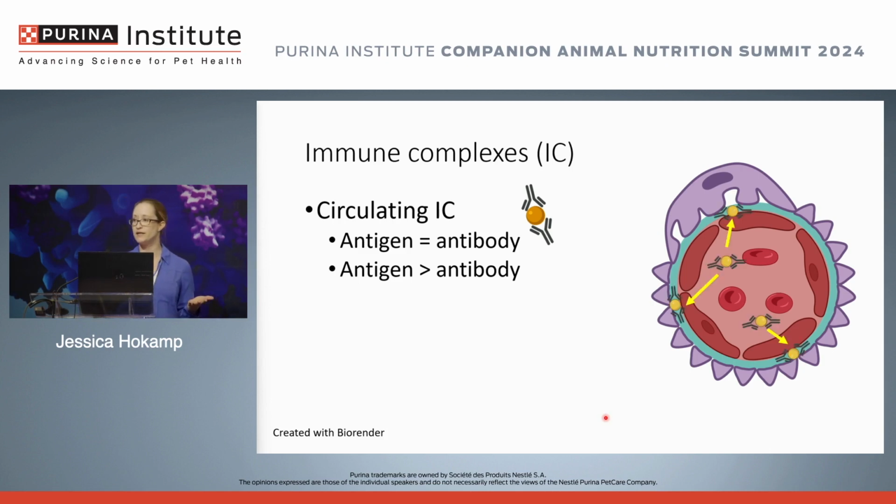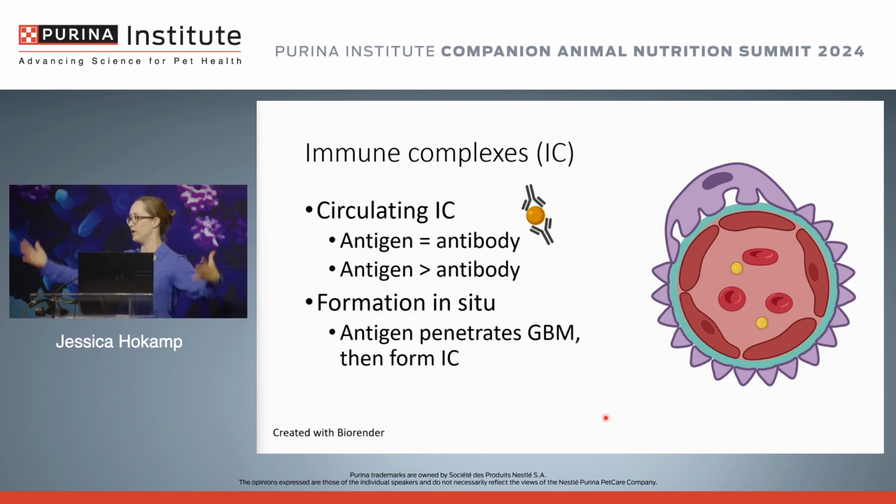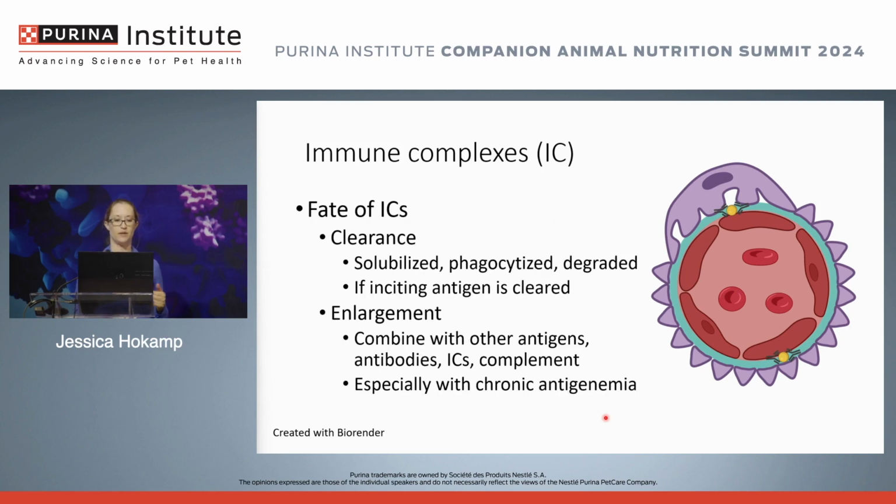They become embedded in the glomerular basement membrane, and then we have the next step, which is activation of complement. They can also form in situ. Some antigens are very good at penetrating the glomerular basement membrane, at which point antibodies come along and bind with those antigens, and we have an immune complex developed in the glomerular basement membrane.